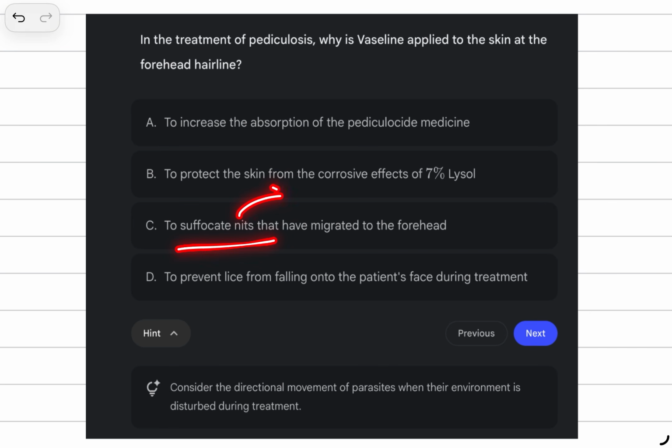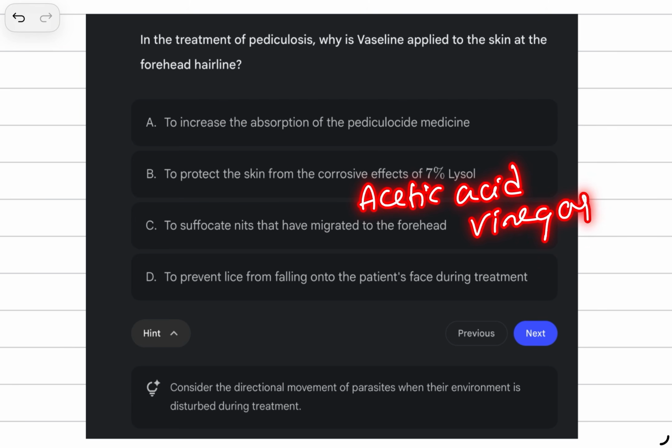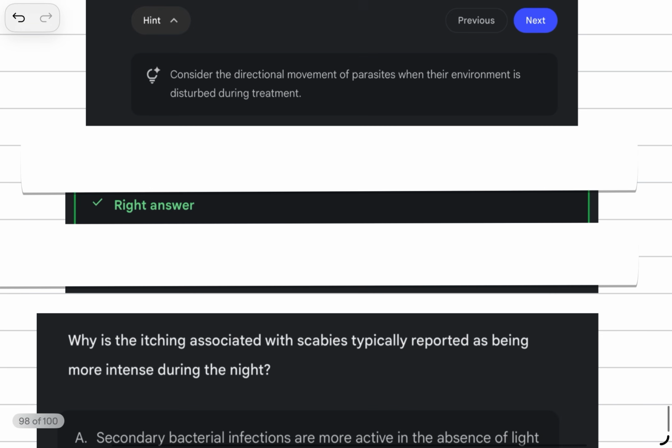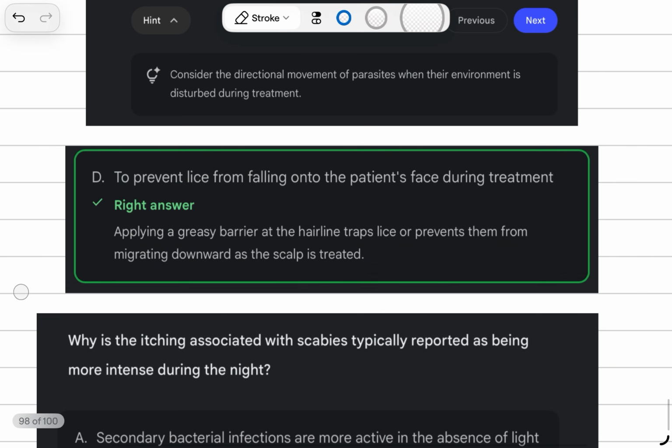It is not kerosene or coconut oil also. Then which one has the ability to suffocate the nits? That is acetic acid, or we can say vinegar. Then what is the answer? Vaseline will prevent the lice from escaping from the hairline to the face. Then option D is the right answer. Okay, option D is the right answer.